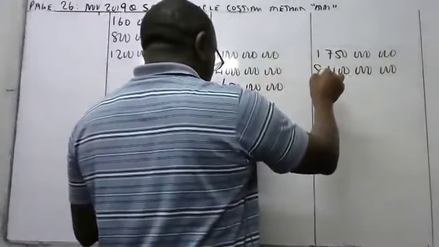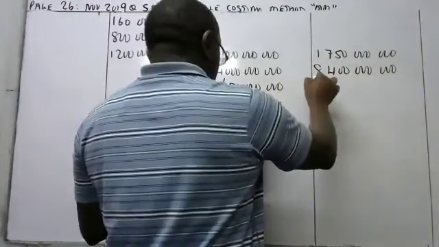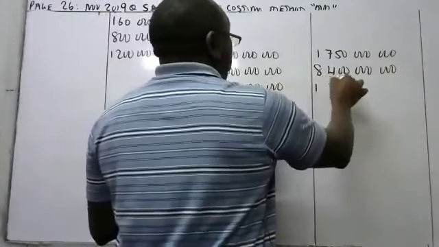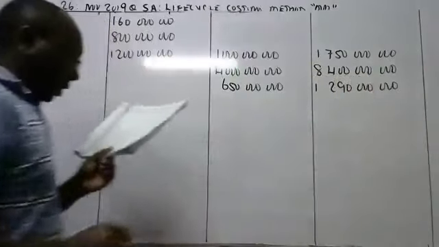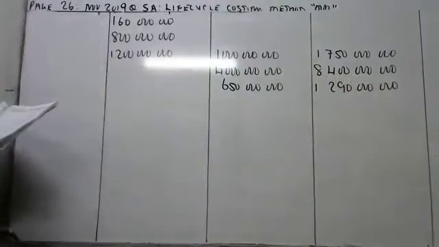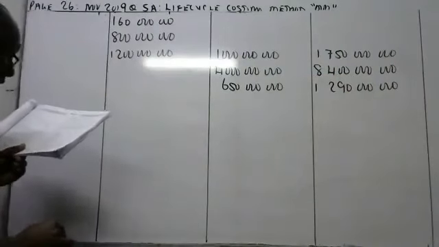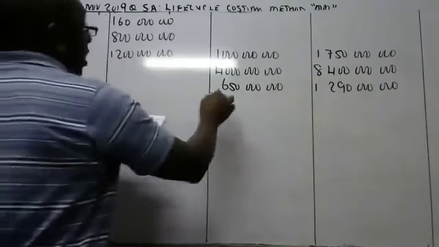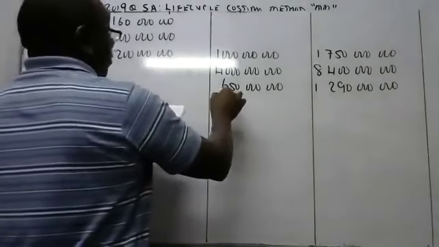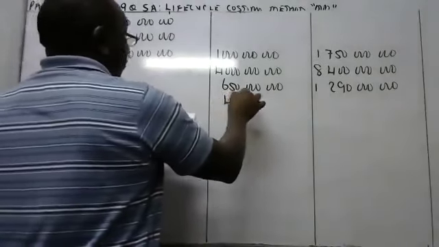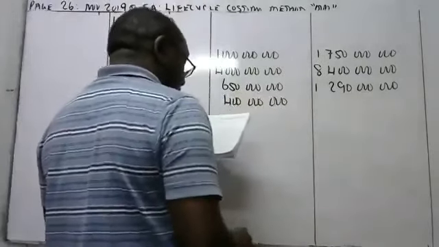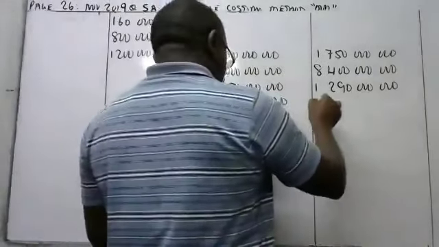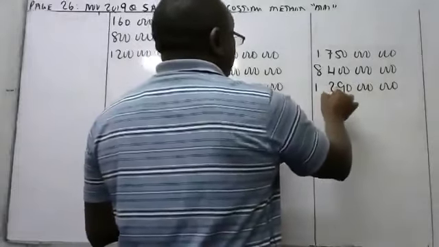Na hii ni 1,290. Then hii ukimultiply 4,000 inakuwa what? 400, eh? 400. Na ukimultiply ingine utapata 900.